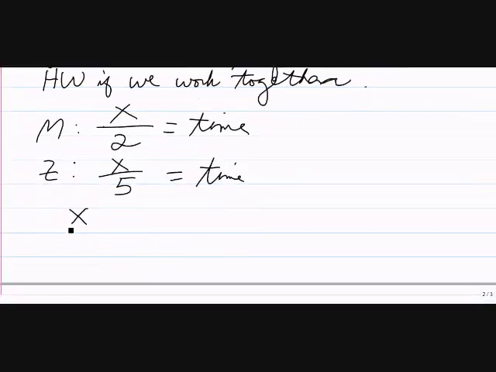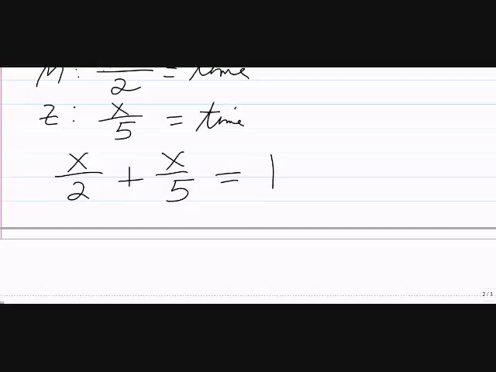And if you sum my time and Zoe's time, you're going to get the amount of time, if I solve for X, to do one whole job, one whole assignment. That number will change if we needed to do 3 assignments or 10 assignments. Yes, sir?